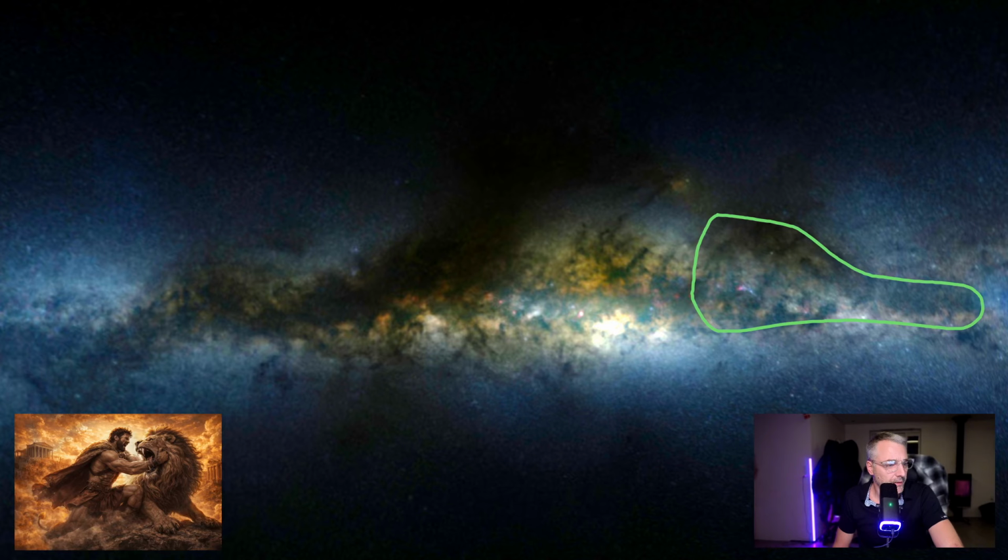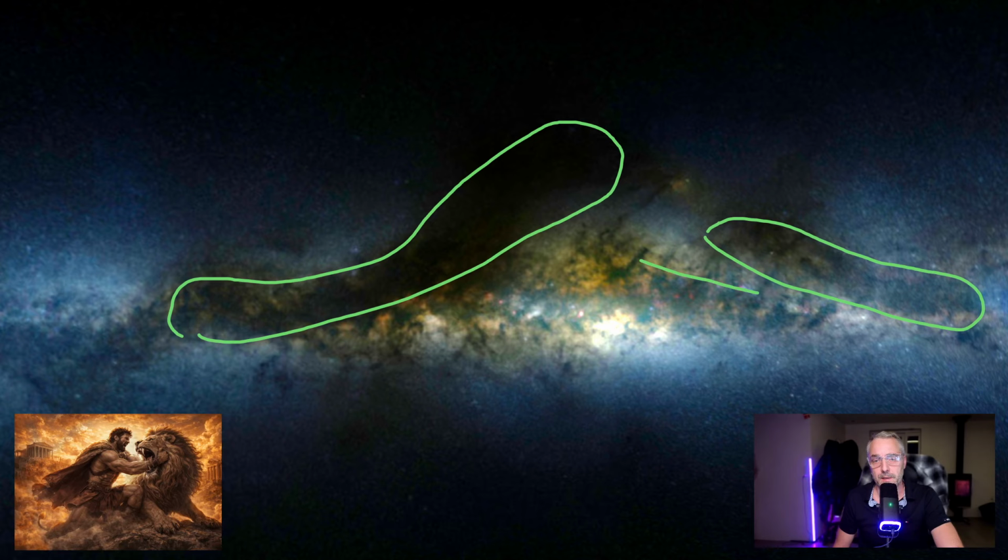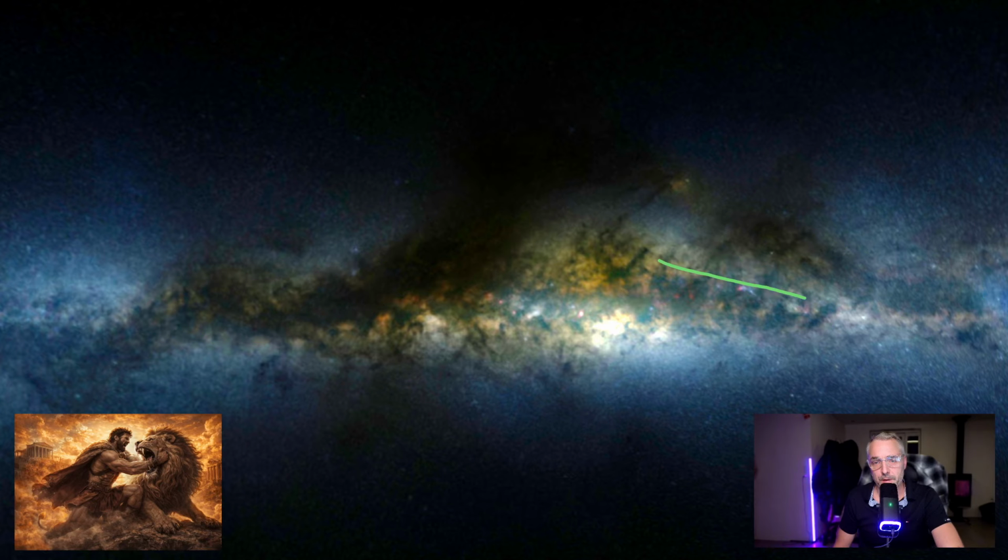Okay, let's move on. During the fight, the lion bit off one of Heracles' fingers. So let's take a look at that story, because the Milky Way center consists of about three basic dark shadows here. And the stripe shadow here is, of course, the finger.